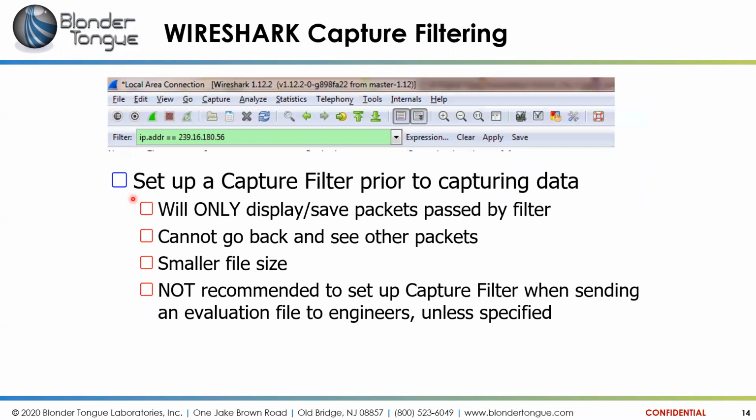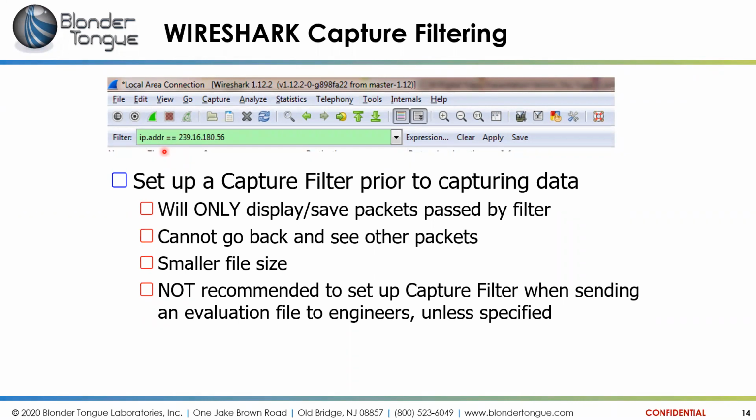So prior to starting a capture, you could set up a capture filter. A capture filter would allow you to minimize the amount of data that you're going to capture by, for example, in this example up here, I'm saying capture only any data that's coming from this IP address, 239.16.180.56.